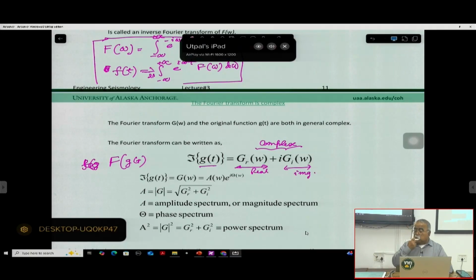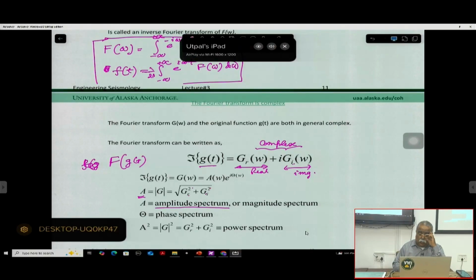If you want to calculate the amplitude spectrum of the Fourier transform, it will be the square root of the real part squared plus the imaginary part squared. That is the amplitude spectrum, or the magnitude spectrum.